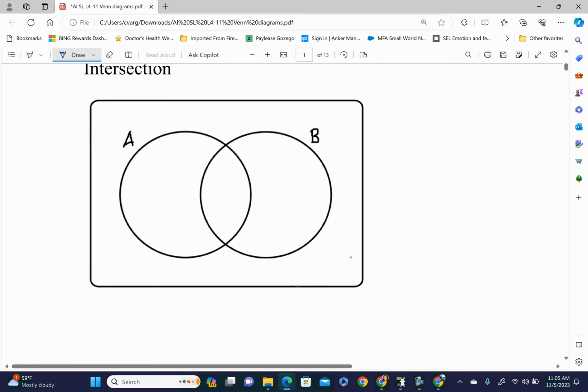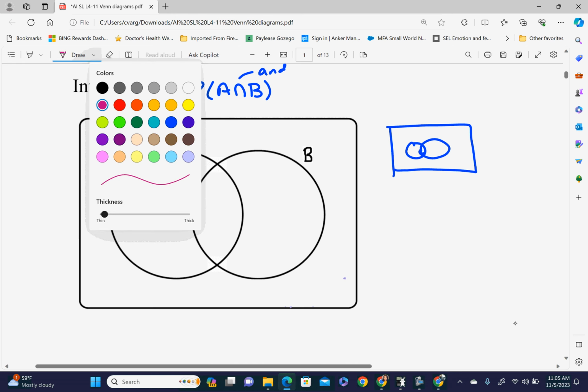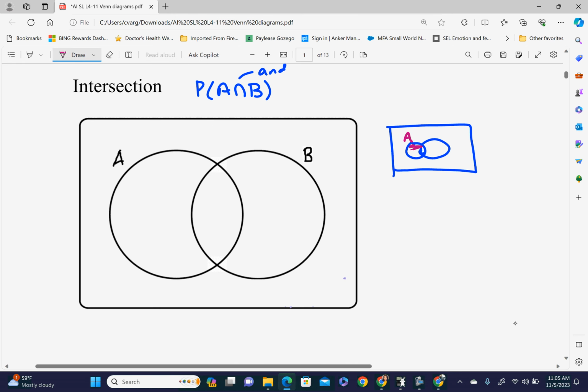So just to talk a little bit about the word intersection. We did this last time. So probability of A and B. Intersection right here is like and. So this is a way to explain it. If you have the probability of A and B, if you have two diagrams right here, if I were to shade in what is in A, so here's A, this whole thing right here is A, okay?